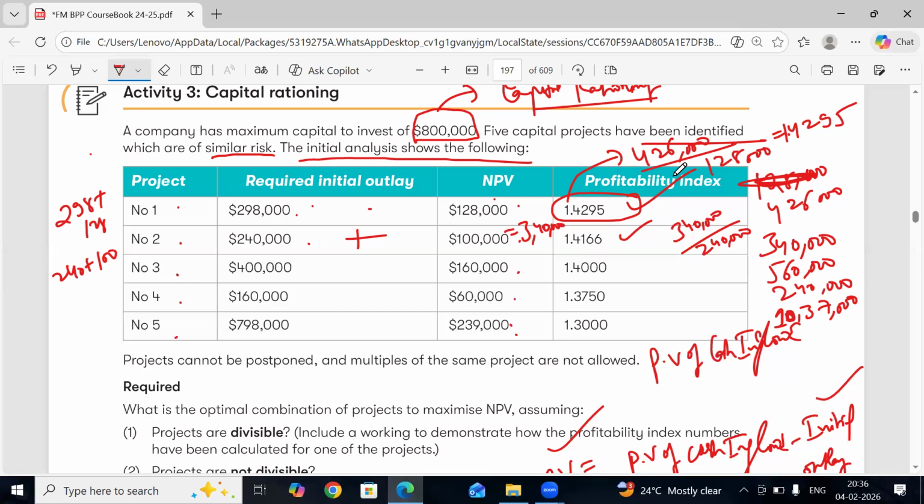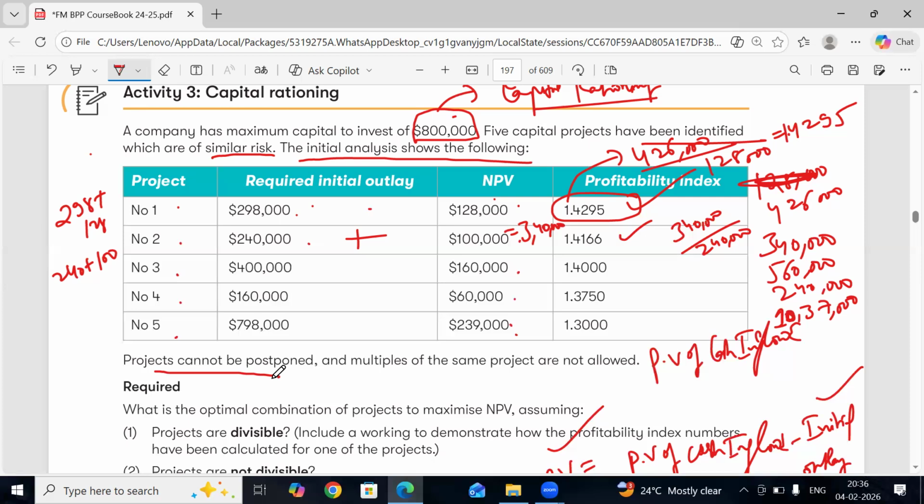Now, what are they asking? A company has maximum capital to invest of 8 lakhs. Five capital projects have been identified which are of similar risk. The initial analysis. Projects cannot be postponed. That means they have to take them, and multiples of the same project are not allowed.